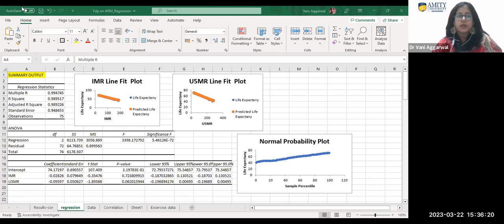No. What is multiple R? Any of you please think and answer me. When we study more than two variables. No. If you study two variables, then also you will get this multiple R in the summary output.